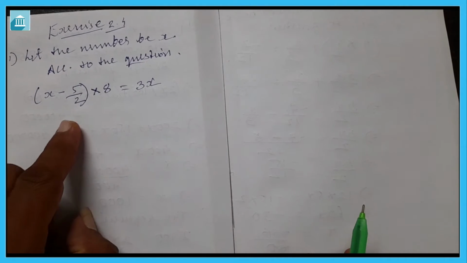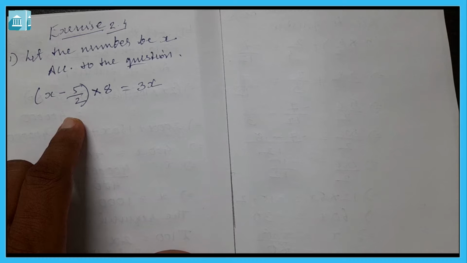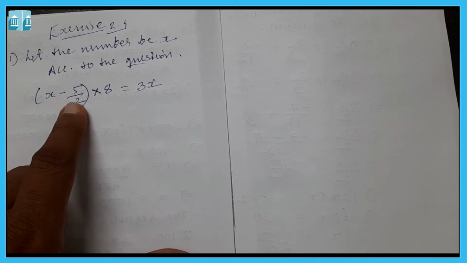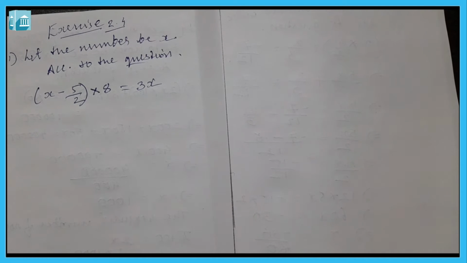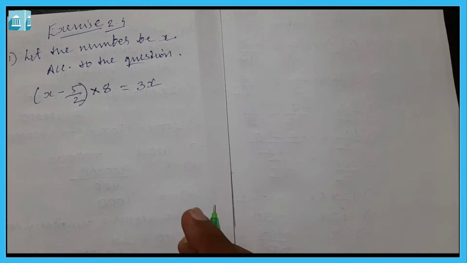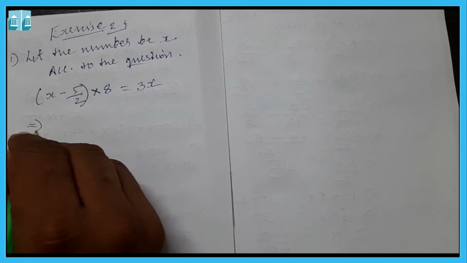So according to the question, first you think of a number, then subtract 5 by 2 from it, which means x minus 5/2, then multiply it by 8, which is equal to 3 times the number she thought of. This is our equation. Now how to solve it?